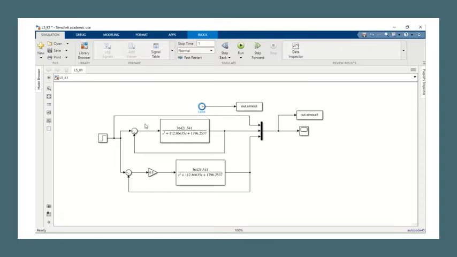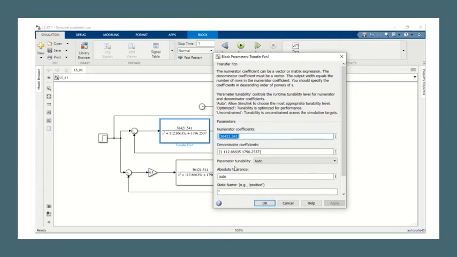Next, we need to change the transfer function. I have put my numerator coefficient, which is 36421.5541. For the denominator coefficient, I would like to put 1 as s squared, then 112.86635 s plus 1796.2537.